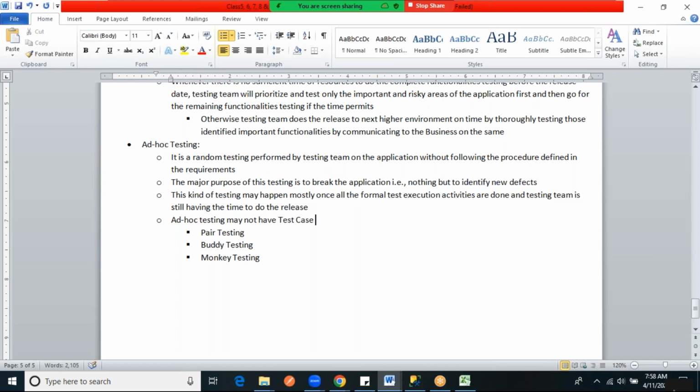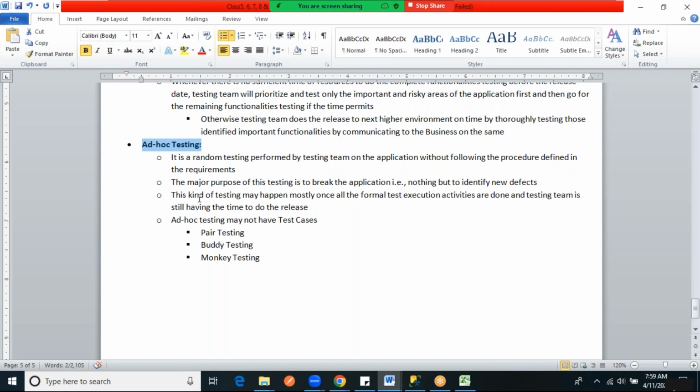Test cases. May not have test cases. I am saying may not, not should not or must not. Some people may capture those improper steps also in test cases, but mostly ad hoc testing you will be doing randomly without following any test cases. If you follow test cases, that will be a procedure again. So mostly you will not see test cases for ad hoc testing. It is random testing that we will be doing.